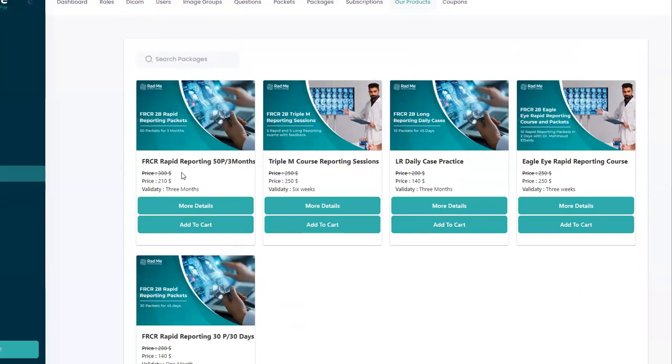And also long reporting daily case practice. We found that many of our colleagues are booking the websites, and they are not practicing long reporting on the websites. The cause is that to practice a long reporting exam, you need a pure 1 hour at least, with a very good situation around you. And if you did it one time, you will not do it the second or the third time.